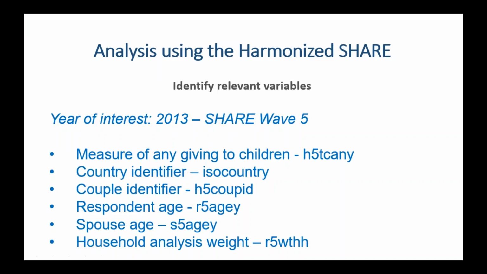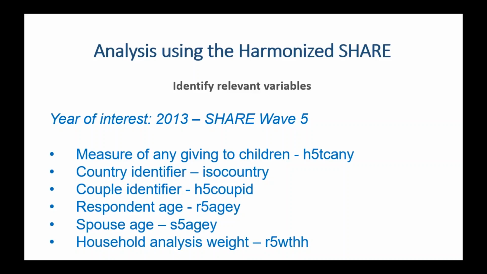So we're going to need a measure of any giving to children. In this case, it's a binary. We'll need a country identifier, so we'll know which respondents came from which countries, because we're going to look at this across different countries. We'll also need a couple identifier. The harmonized SHARE and all harmonized data sets are built at the respondent level.